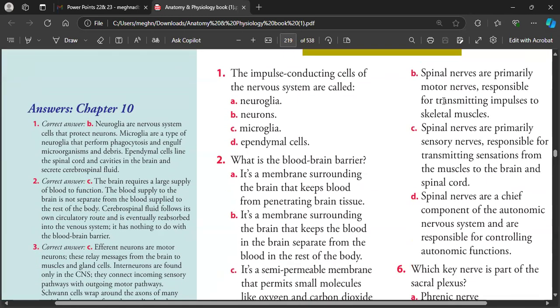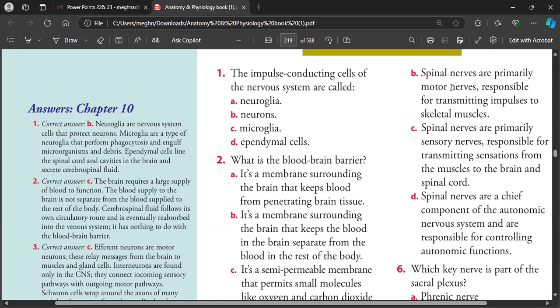So number B is not correct because there are two wrong pieces of information. Spinal nerve is not primarily motor. The spinal nerve is the common pathway that can transmit motor and sensory both, right? Some sensation comes from the periphery to the nervous system, sensory.